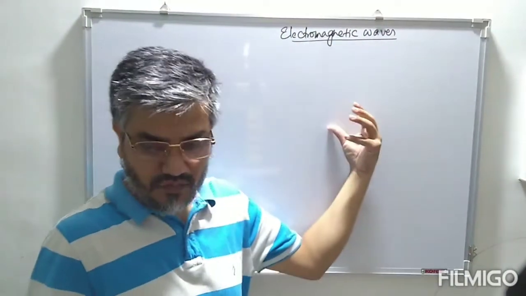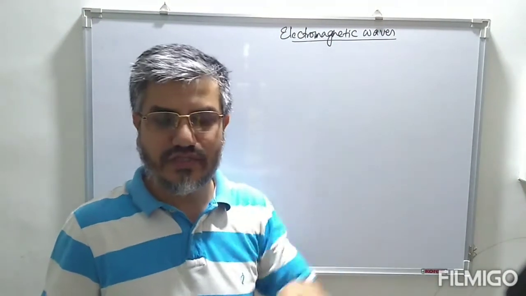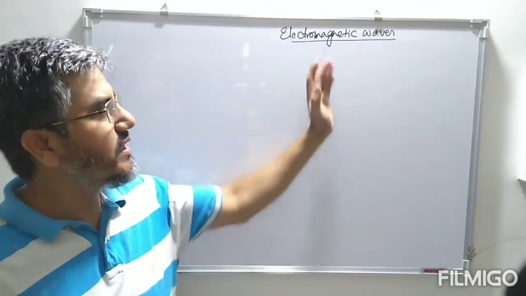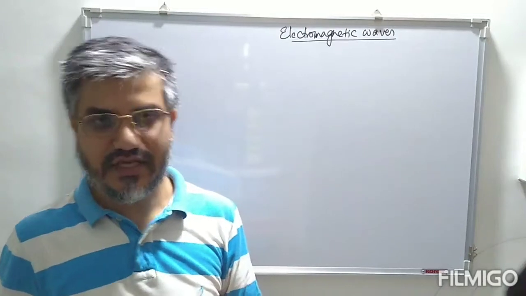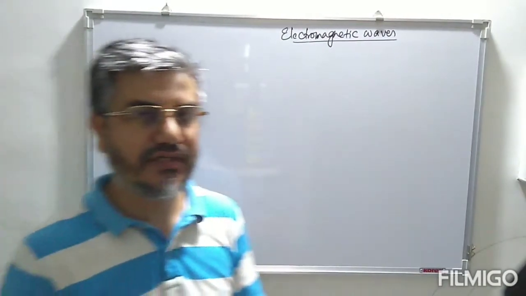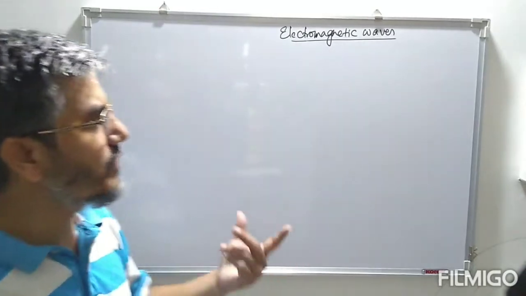So any wave associated with an electric field component and a magnetic field component, both perpendicular to each other as well as perpendicular to the direction of propagation, is an electromagnetic wave.